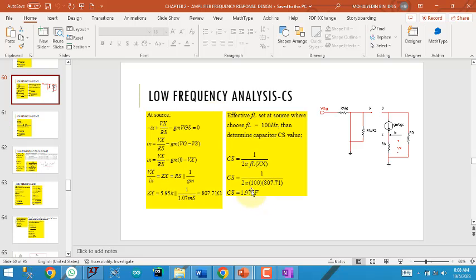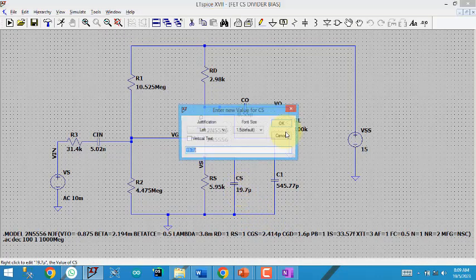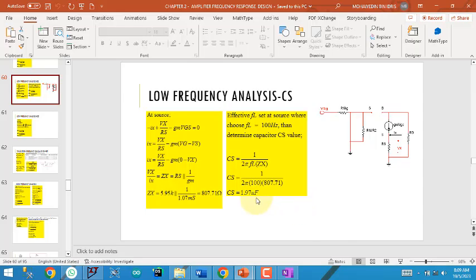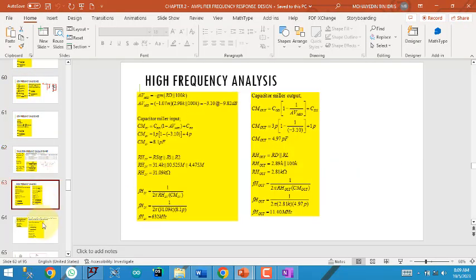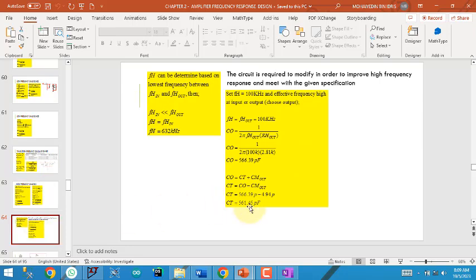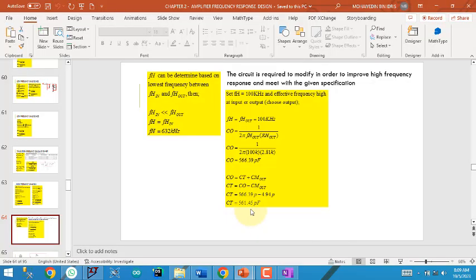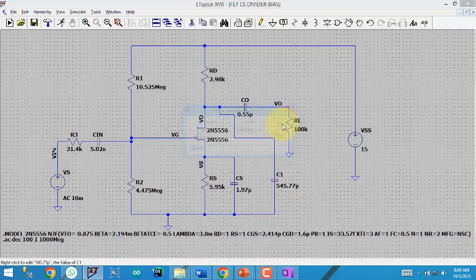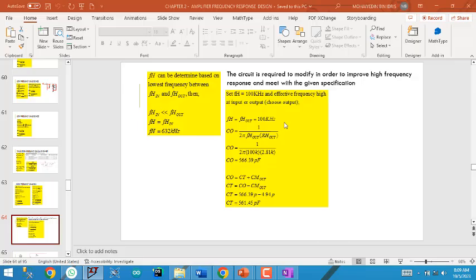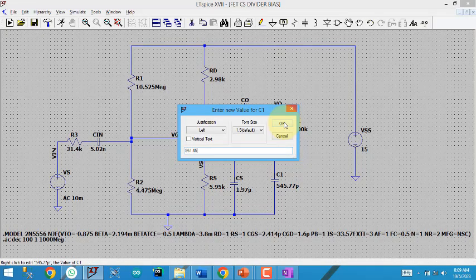We just double check first: 1 over 100 times 2 times pi gives 1.97 microfarad. Then CT is 561.45 picofarad.